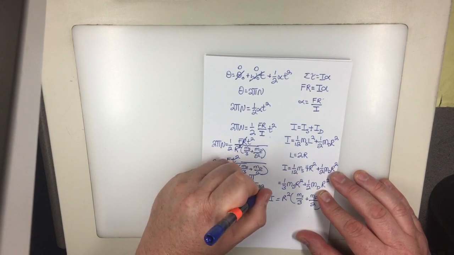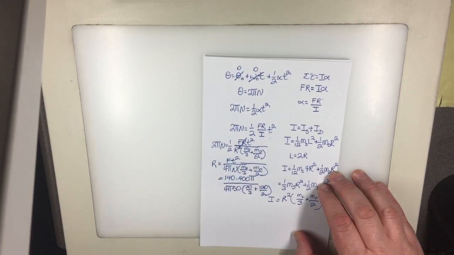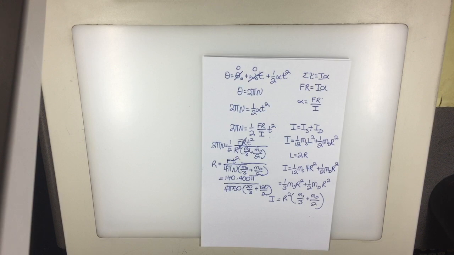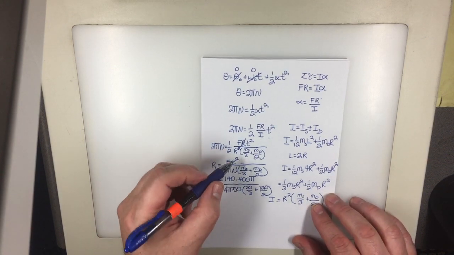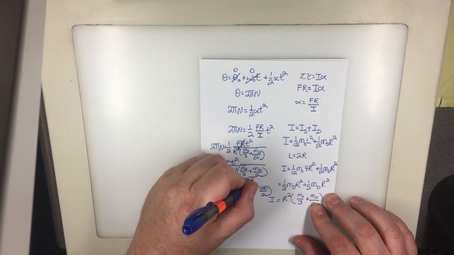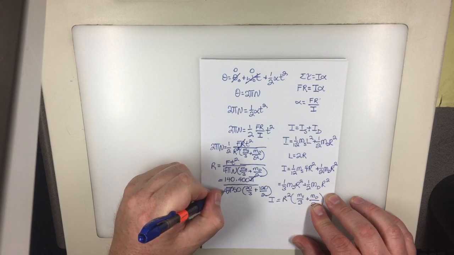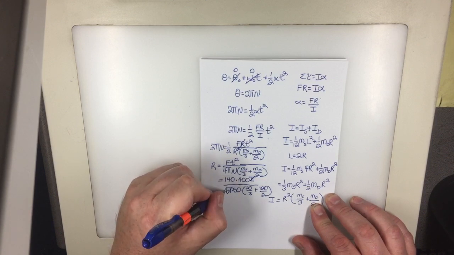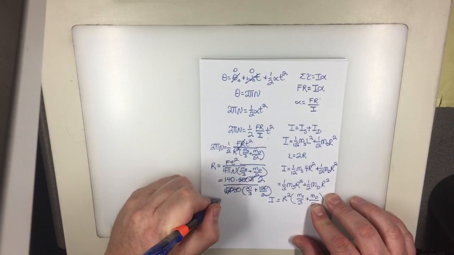Mass of the disk over 2 is 120 over 2. So one of the reasons why T had a factor of pi in it, pi cancels with this. 50 times 4 is 200. 400 divided by 200 is 2.